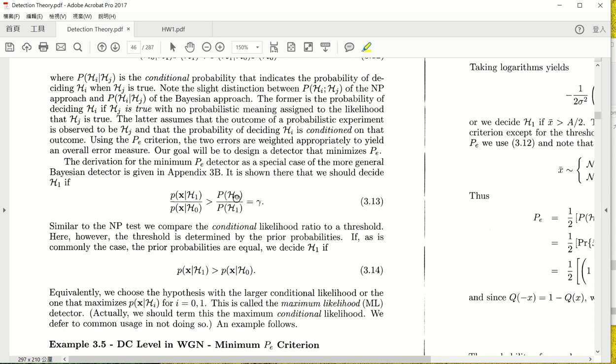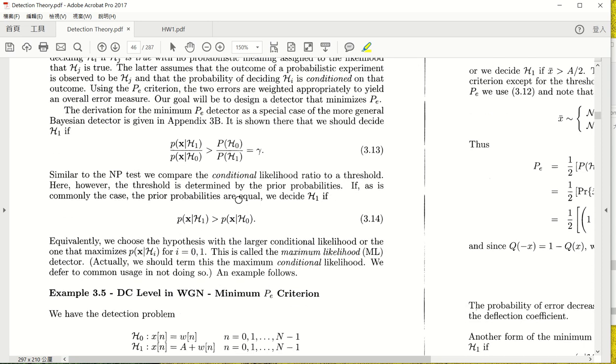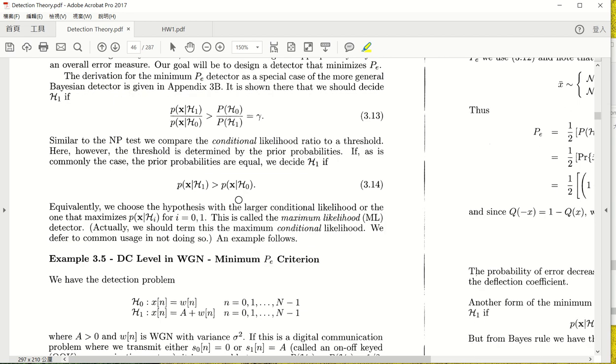That is the thing we're looking for. Equivalently, here, right? This is what I just said. The threshold is determined by the prior probability, which means this term.